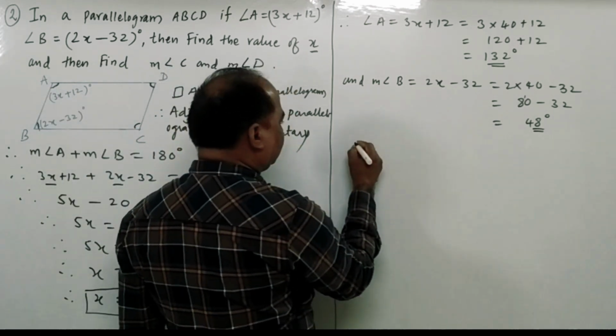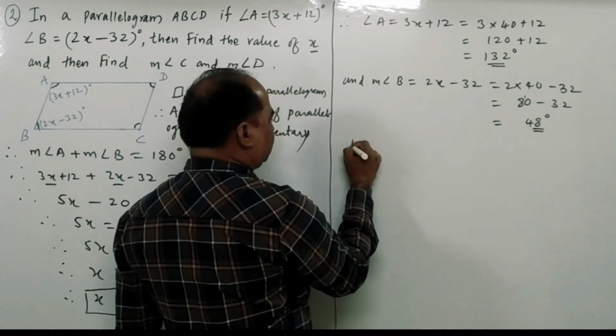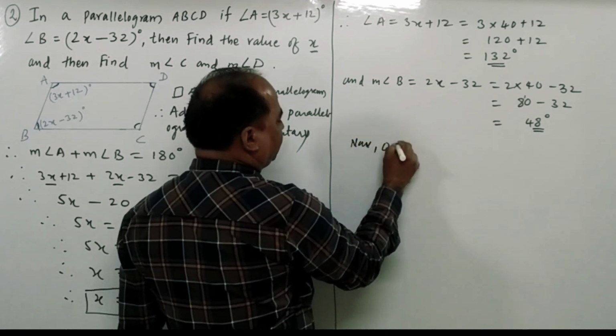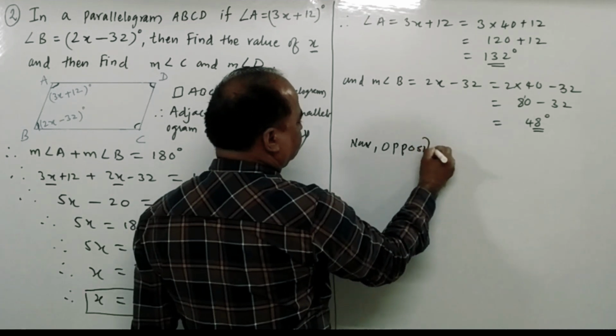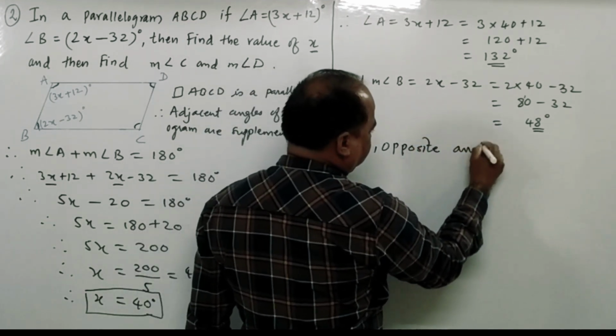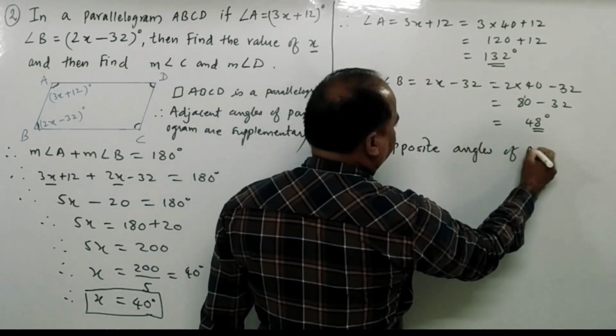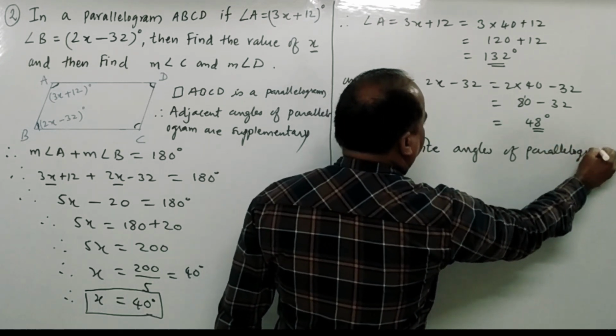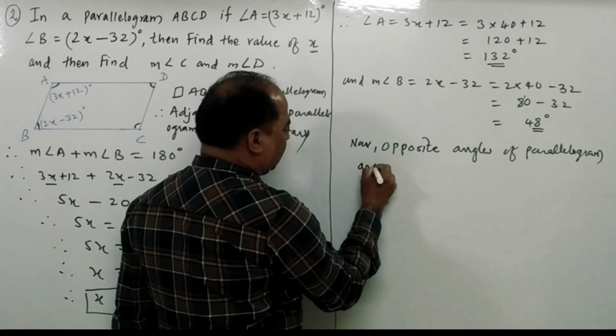Now, we know that opposite angles of a parallelogram are congruent. So, by the property, opposite angles of a parallelogram are congruent.